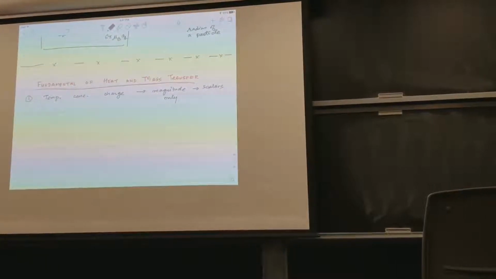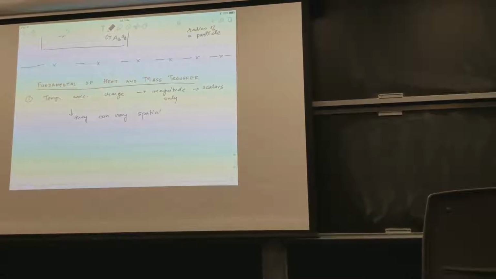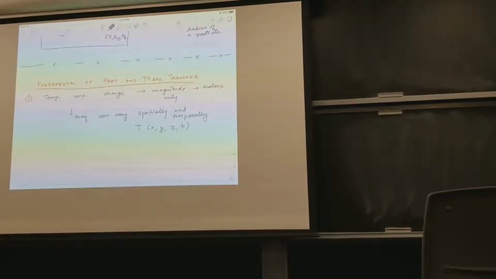Even though they are scalars, they can vary spatially and temporally, which means you can have, for example, temperature vary with position as well as time.